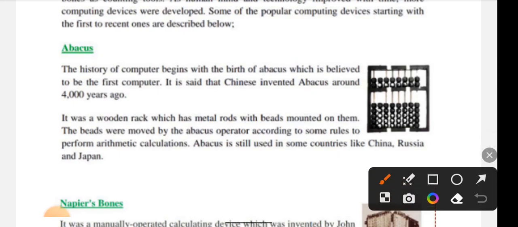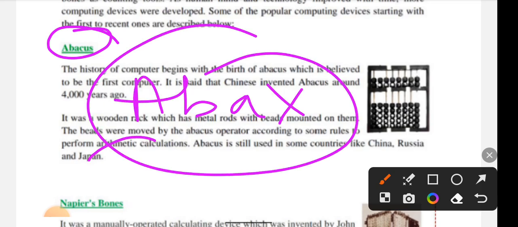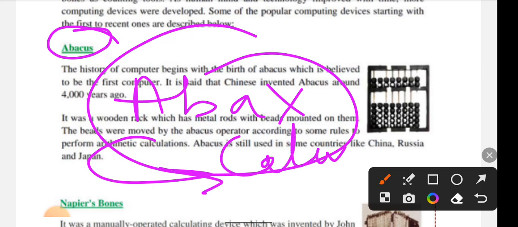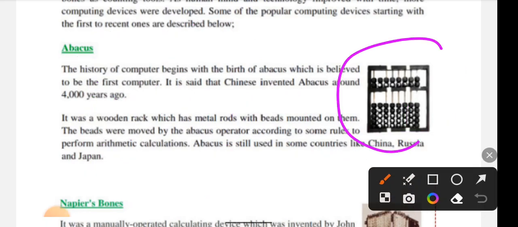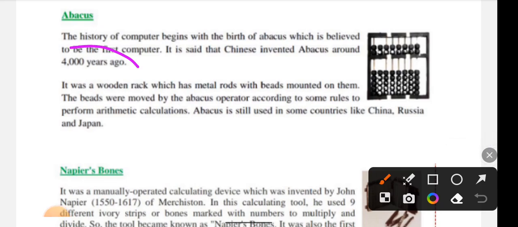The first one is the abacus. The abacus is a computing device derived from the word abex, which means calculating board, as you are seeing here. It was invented around 4000 years ago by the Chinese.